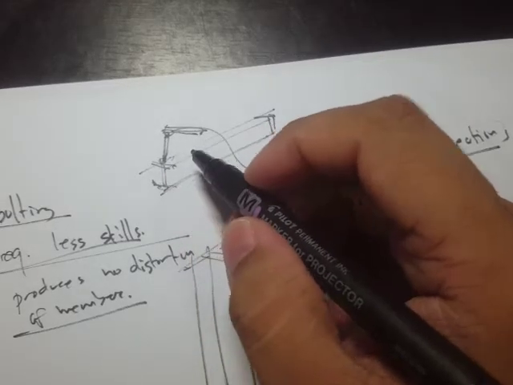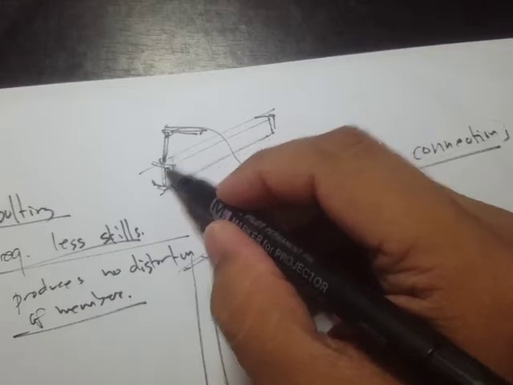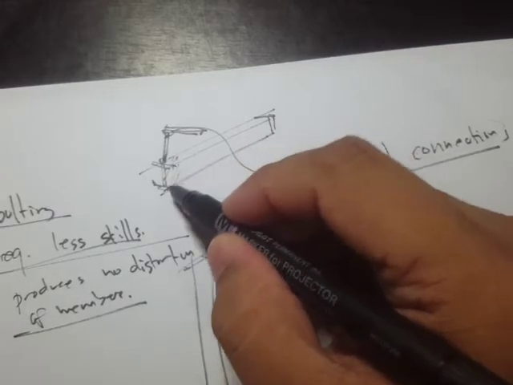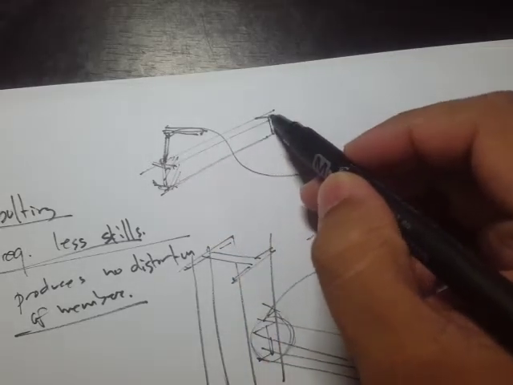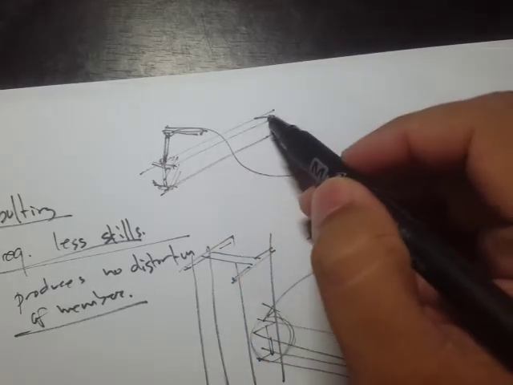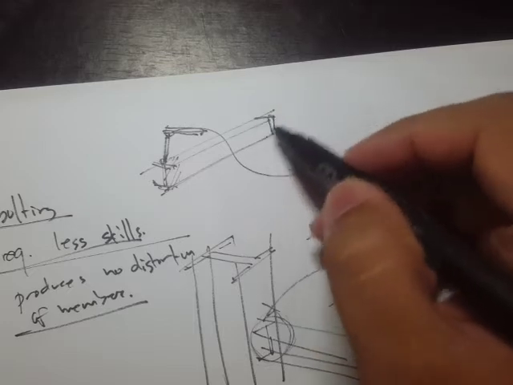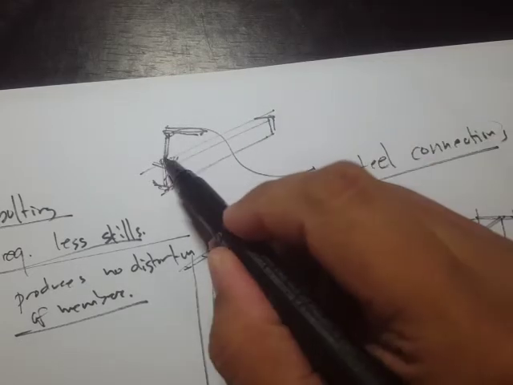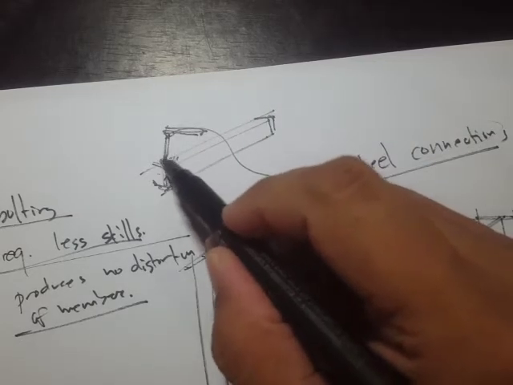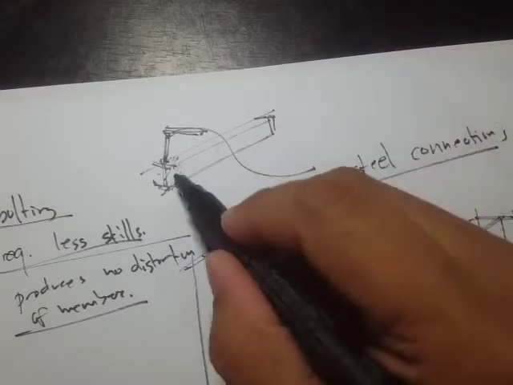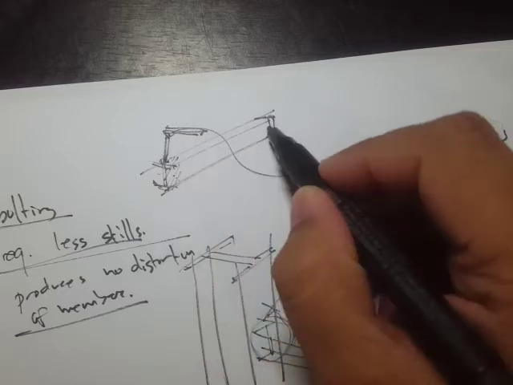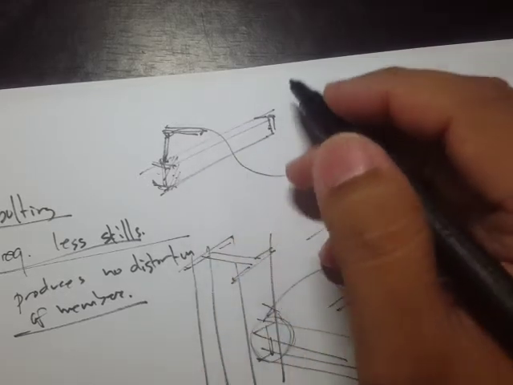When I'm doing the welding, I'm heating this portion, and you would notice that this portion here is not heated up. I mean, it's far from this heat source. So therefore, there's going to be a temperature gradient between these two points.